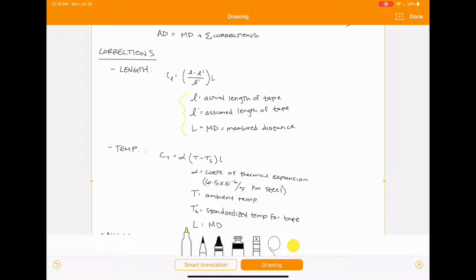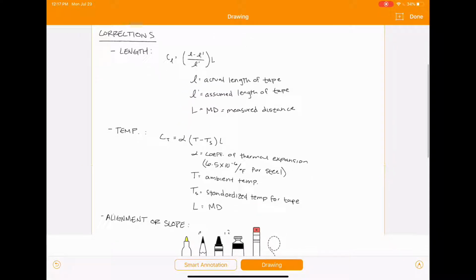So if you had a tape that you thought was 100 feet but it was actually 99 feet, that L is going to be 99 feet, whereas L prime is the assumed length, the 100 feet of what you thought it was going to be. And then your capital L is your measured distance. So in the example I was talking about before, that would be your 5,000 feet.